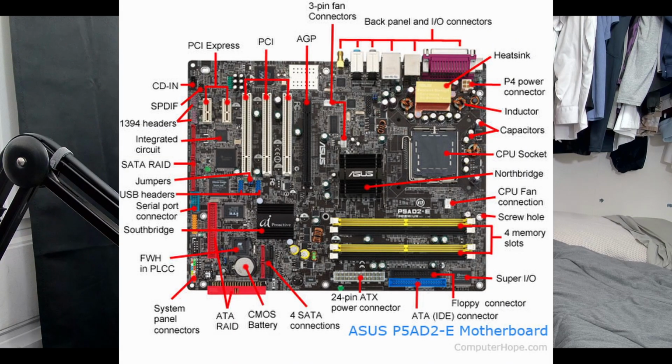RAM provides temporary storage for data and programs that the CPU is actively using. Then below the CPU socket, you're going to have expansion slots or PCIe slots, where your graphics card, sound cards, network cards, capture cards, and all things that have PCIe or PCI connectors go.